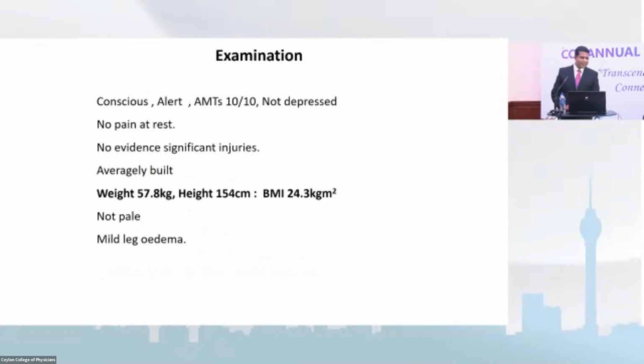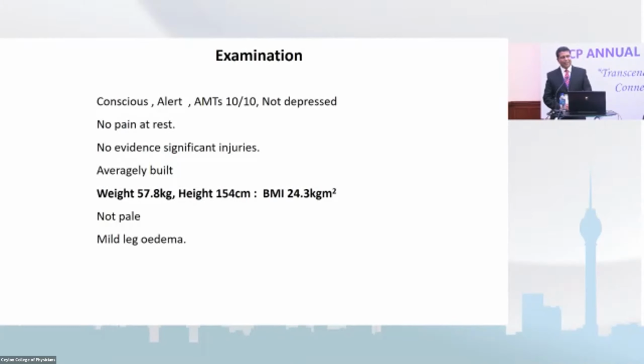On examination, she was conscious and alert. Abbreviated mini-mental score was 10 at that time. She was not depressed. There was no pain at rest, and no evidence of significant injuries. She was averagely built, her weight 57 and height 157, and her BMI was 24.